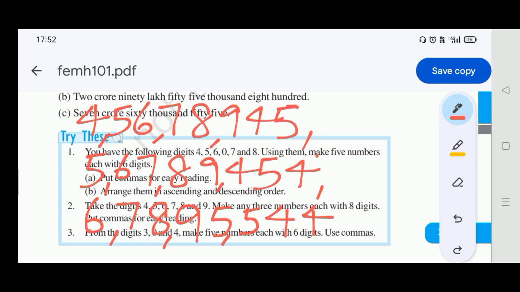The second number is 5 crore 67 lakhs 89,454. The last number is 6 crores 78 lakhs 95,544.